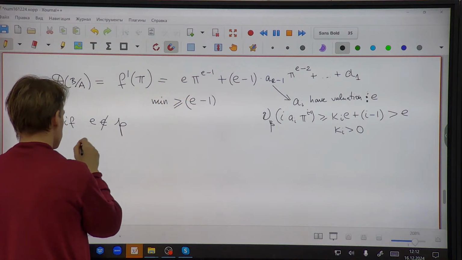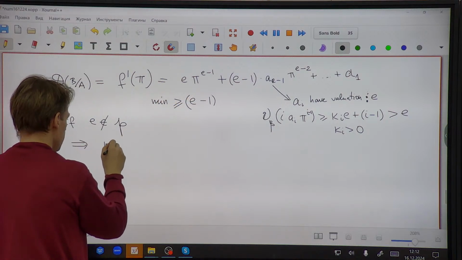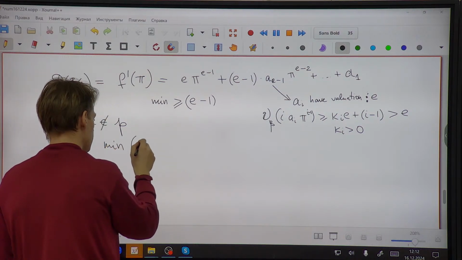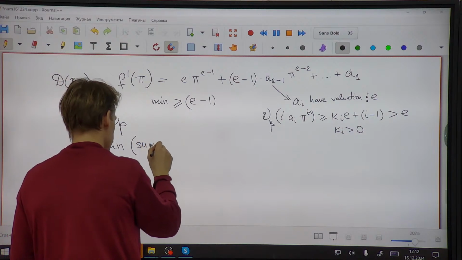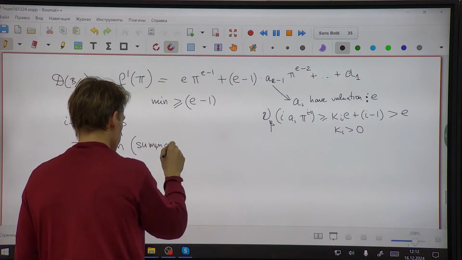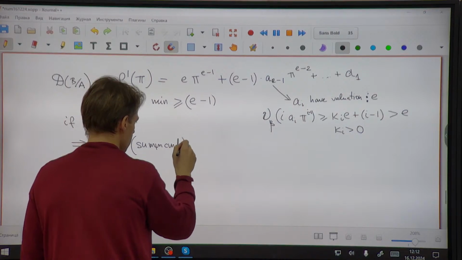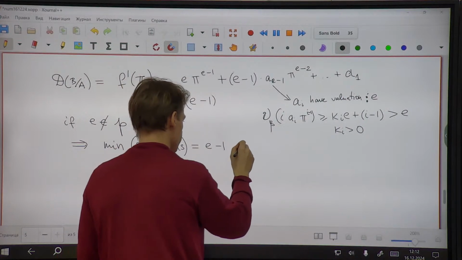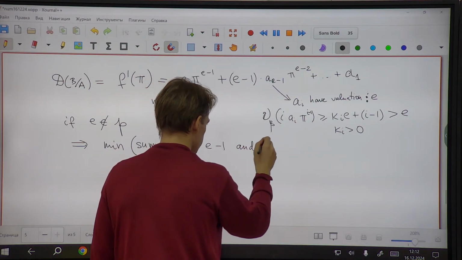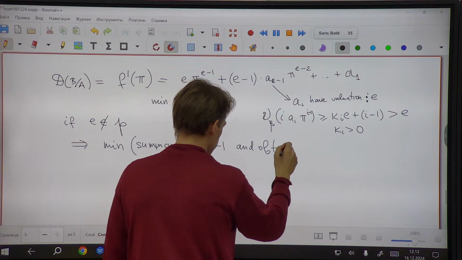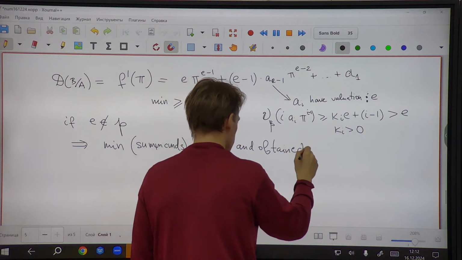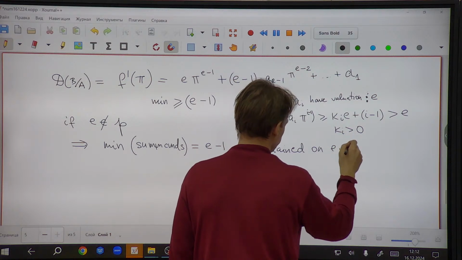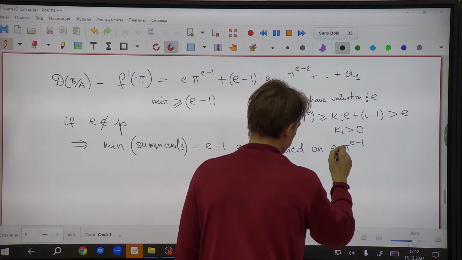So this implies that the minimum of the valuations of summands is equal to E minus 1 and obtained on the element E times P to the E minus 1.